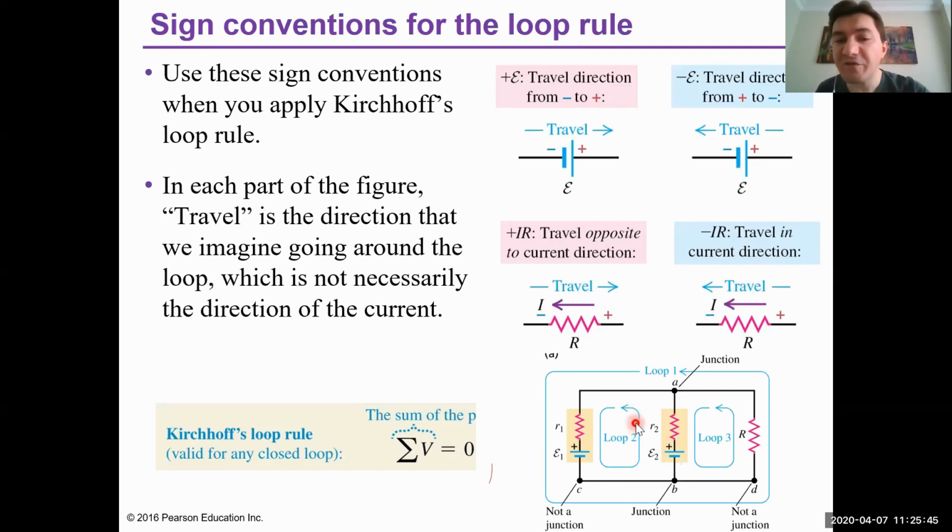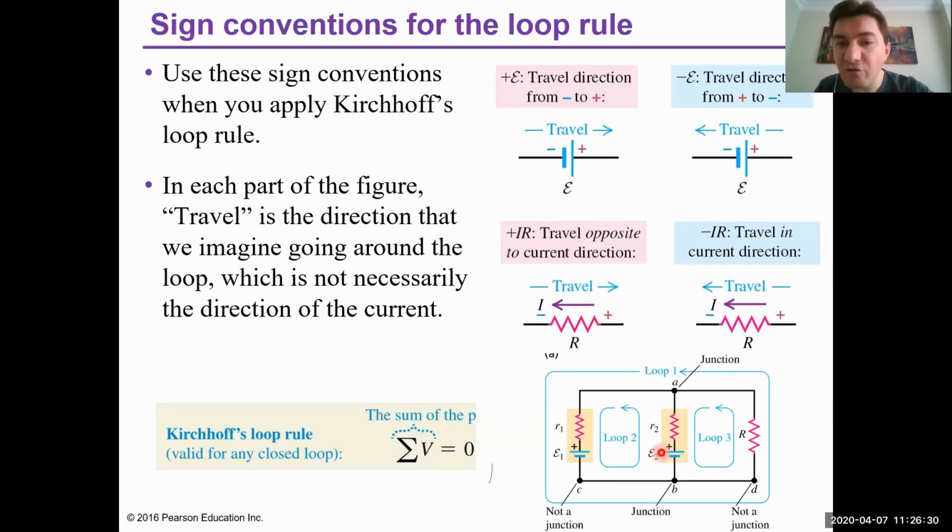If you travel in the loop from negative to positive, this is the loop direction, you get a positive EMF. But here, in the same loop, you travel from positive to negative. Look at that EMF: you travel from positive to negative, so the contribution from that EMF will be negative. So this is the rule for the EMF sources. But what about the resistors?